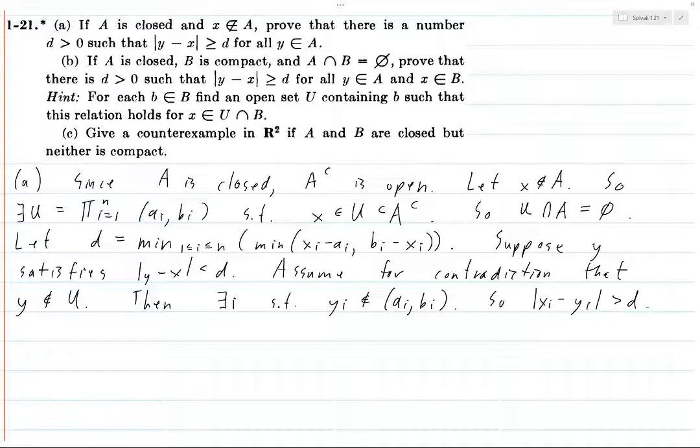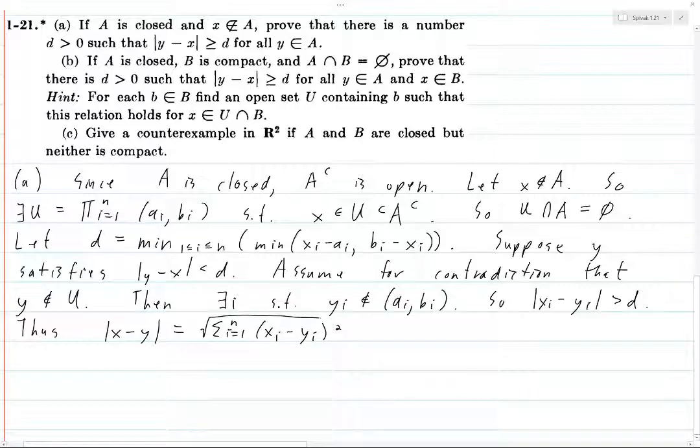Okay, so thus the norm of x minus y equals the square root of the sum from i equals 1 to n of xi minus yi, squared. Now, taking a square root of a positive number is positive.